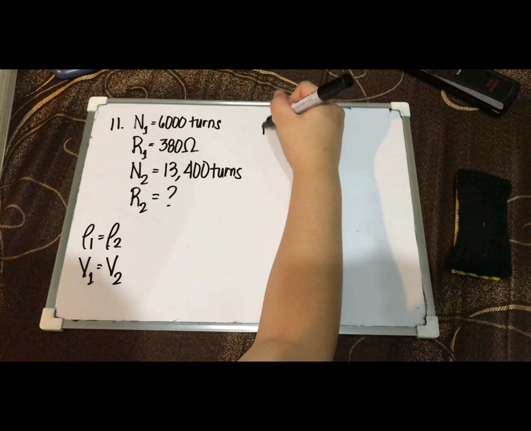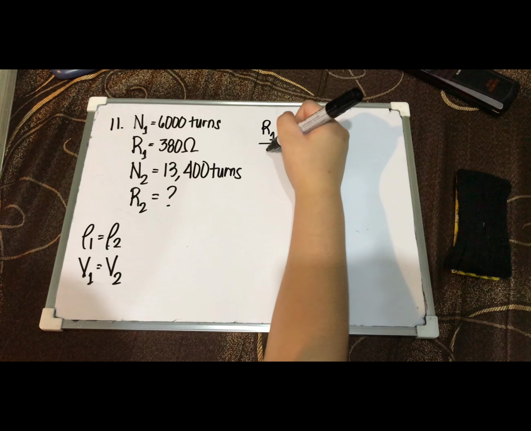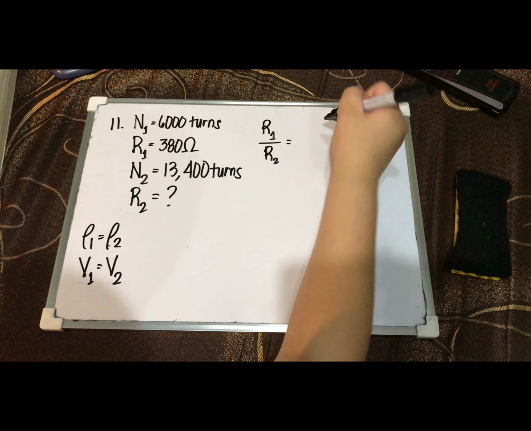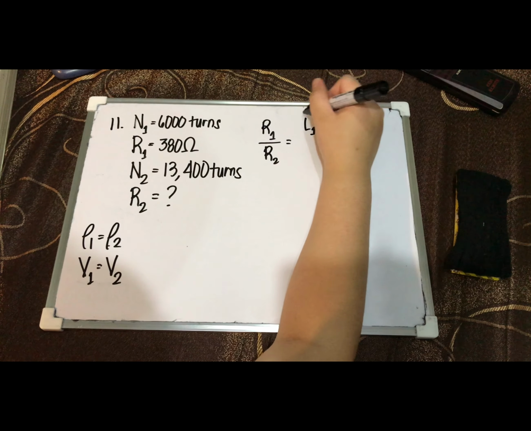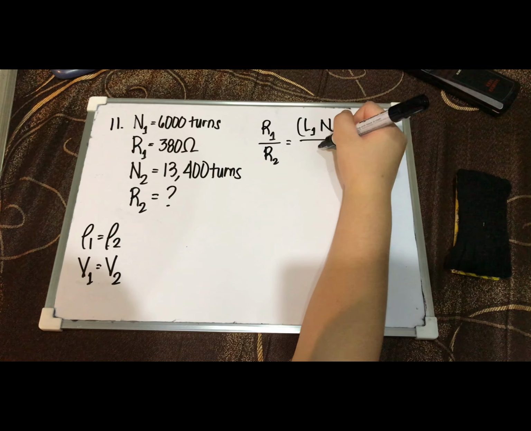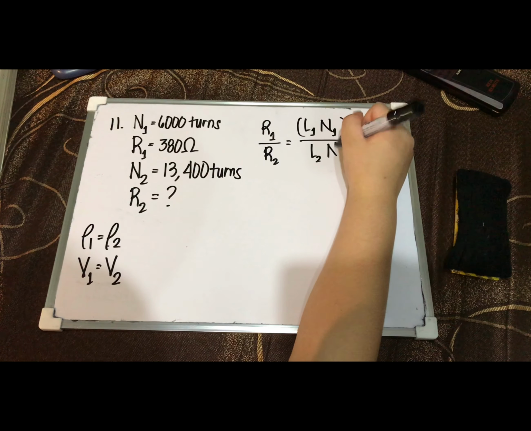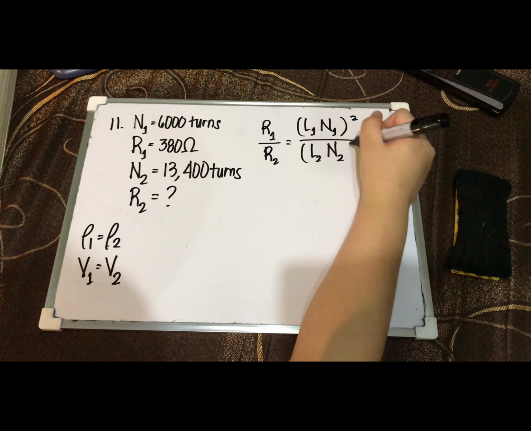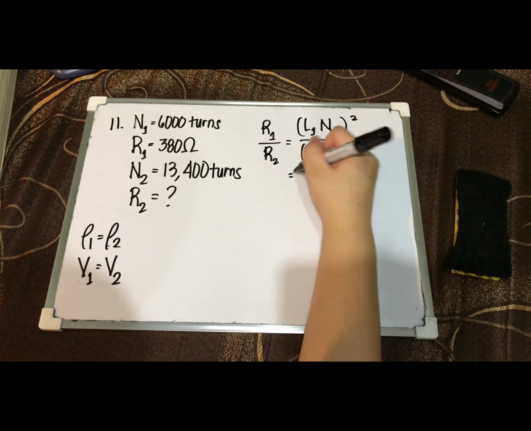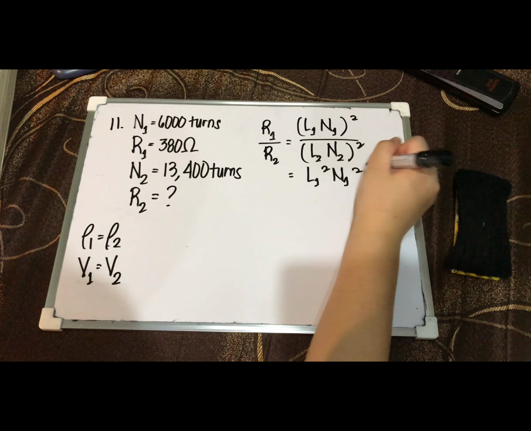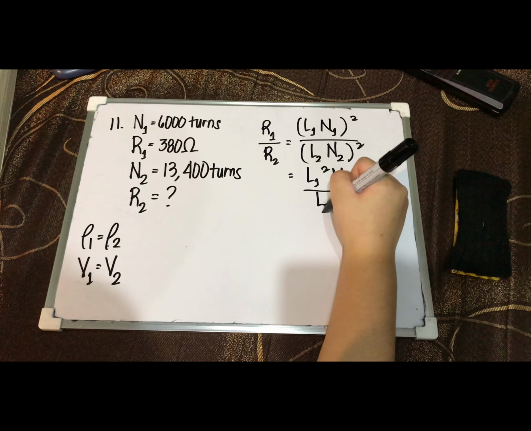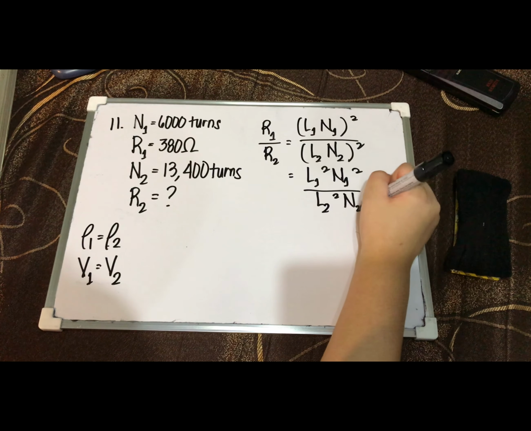So, from there, R1 over R2 is equal to L1 times N1 squared over L2 times N2 squared. So, L1 squared, N1 squared over L2 squared, N2 squared.